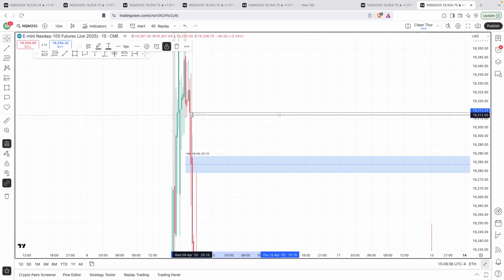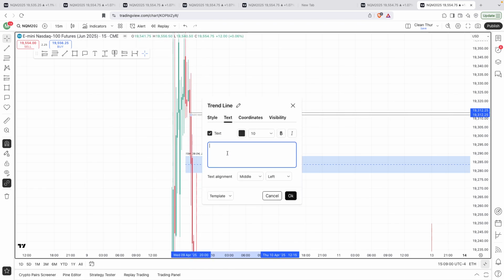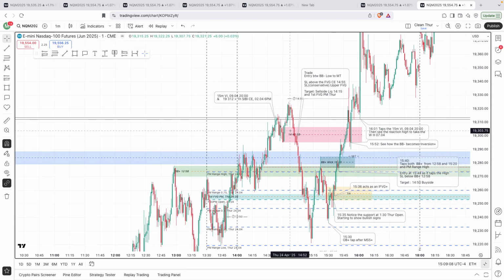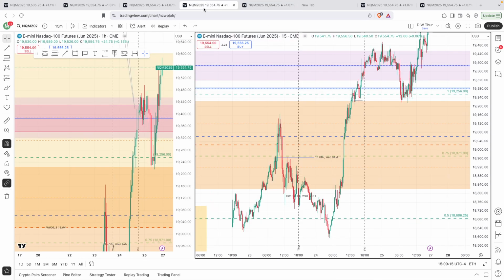So we see it over here from 9 April, 8 p.m. And then we see how here price rejects. So 325, what was this level?